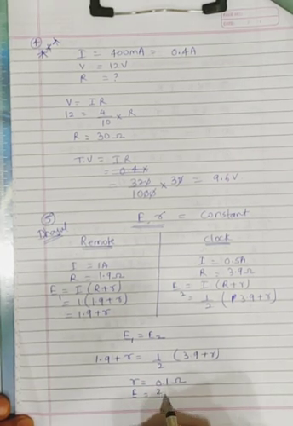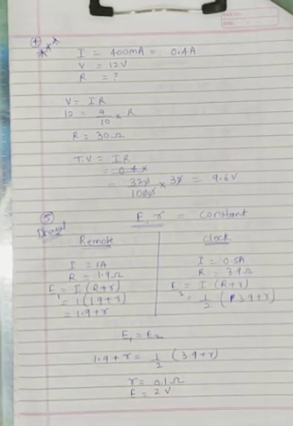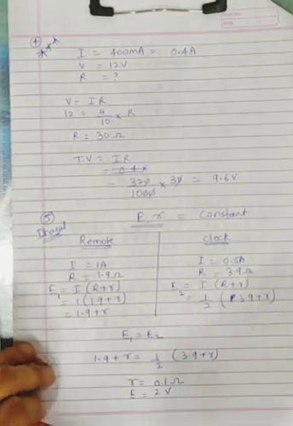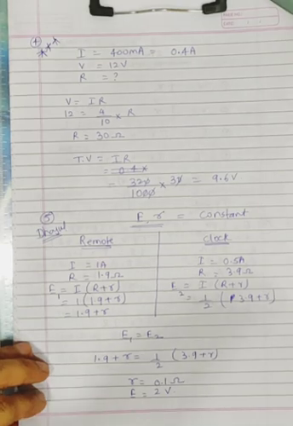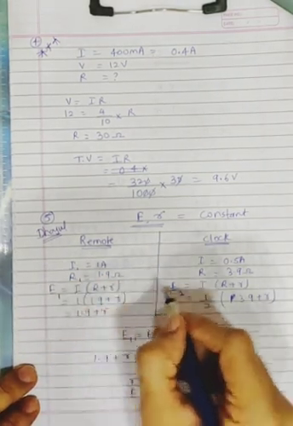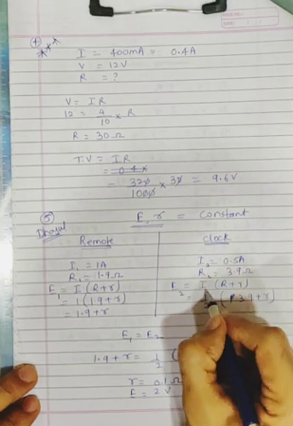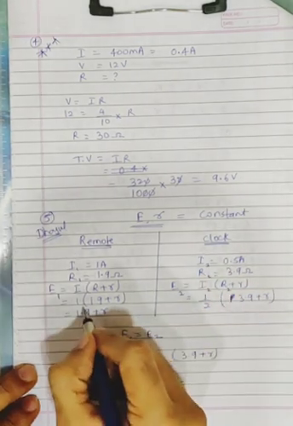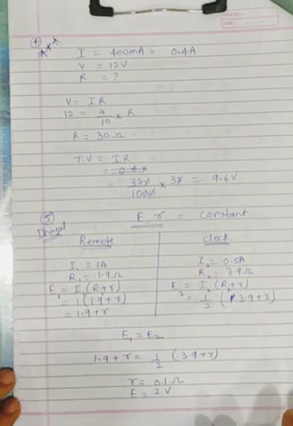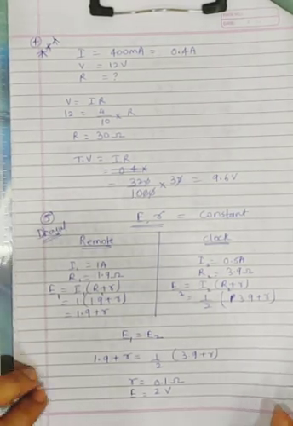The EMF here you will get is 2 volts. Okay, so that's how you do this problem. It's better to write this as I1 R1, I2 R2. So that's your problem number 5.